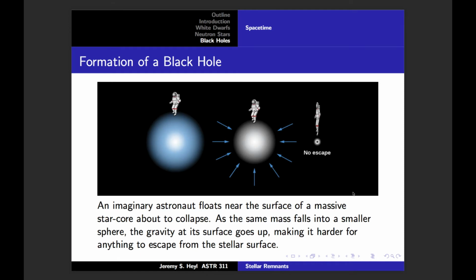So this astronaut's volume is maintained, but he'll be stretched because at his feet, the gravity is stronger than at his head. So you get stretched, and they call it spaghettification. So that was what would happen to you as we threw you into the black hole. But when you get spaghettified depends on the mass of the black hole.